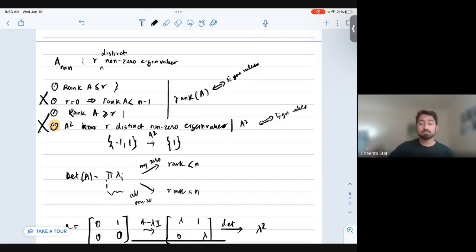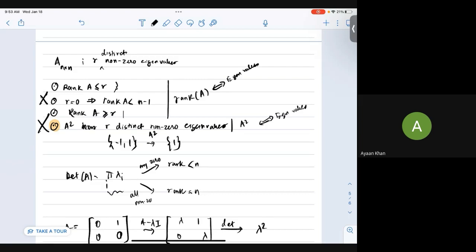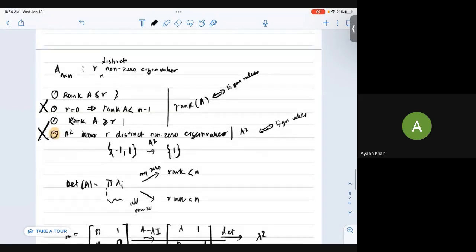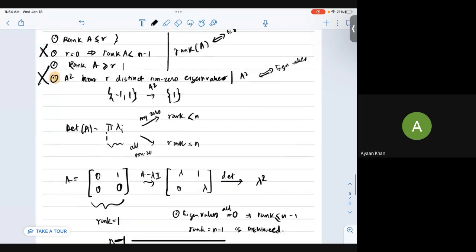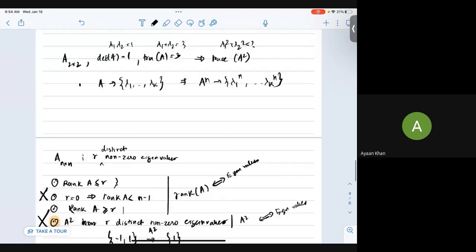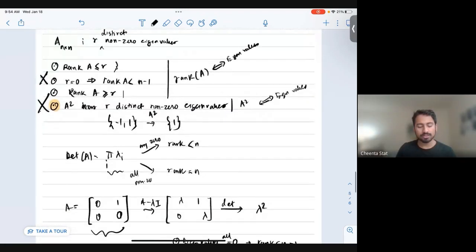From the same example that we considered, I think we can strike down the first option. In this case, there are 0 non-zero eigenvalues. Sorry, there are 2 ones. I'm so sorry. So there's 0 non-zero eigenvalues. You're right.